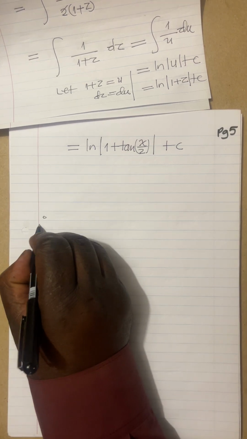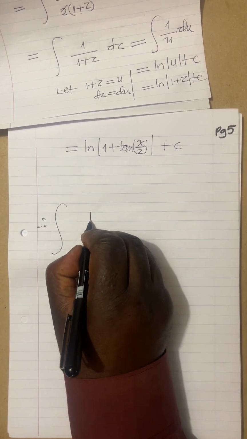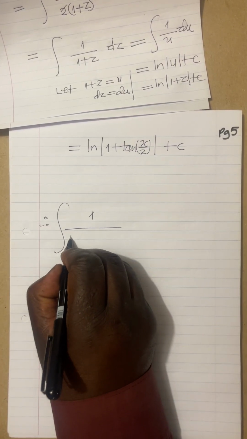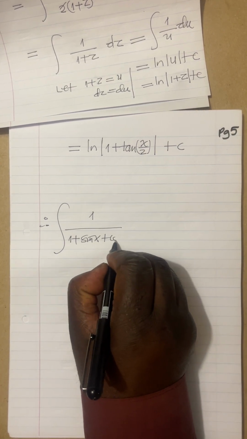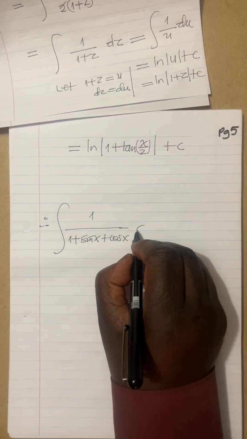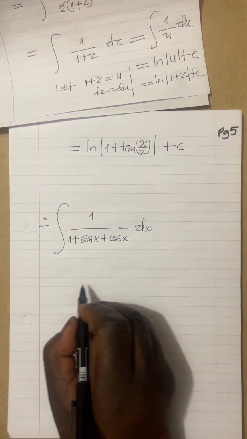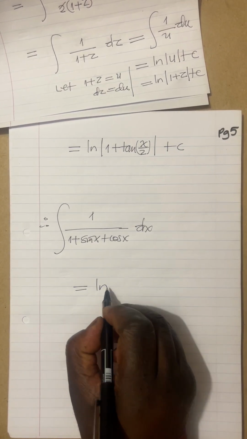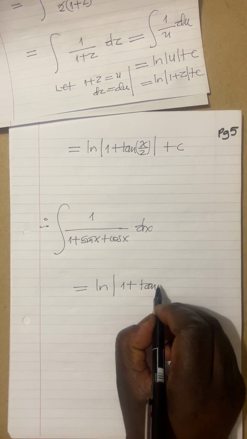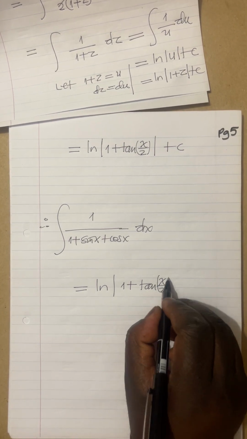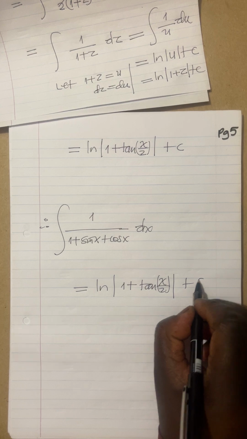So what are we saying? We're saying therefore the integral of 1 all over 1 plus sine x plus cosine of x dx is basically equal to the natural log of the absolute value of 1 plus tan of x over 2 plus a constant c.